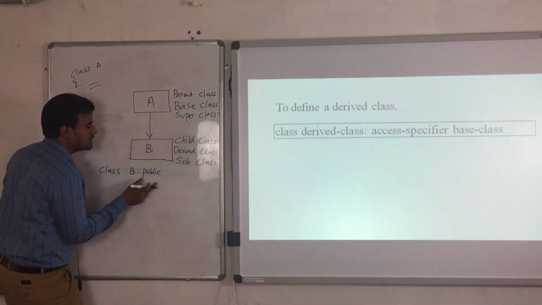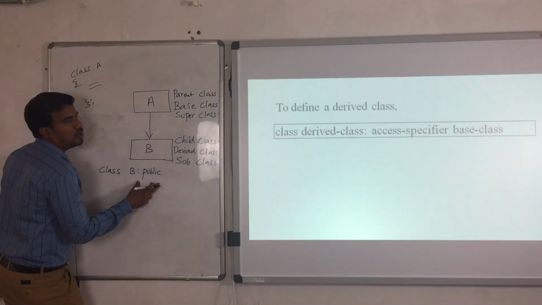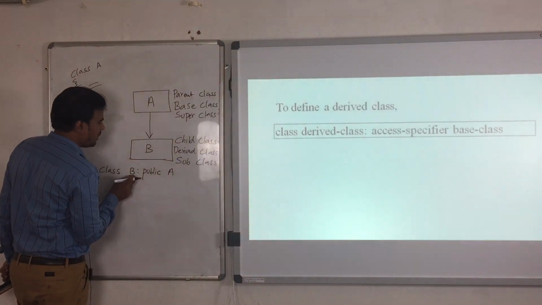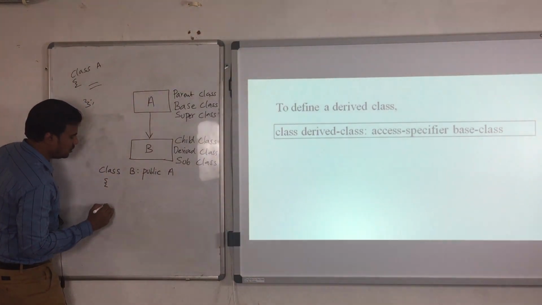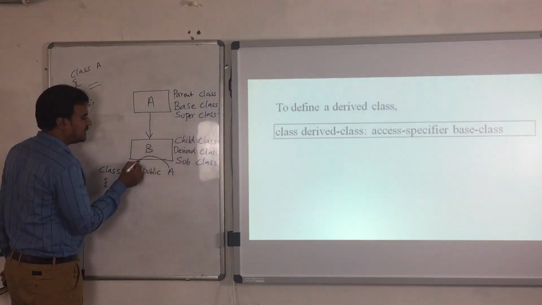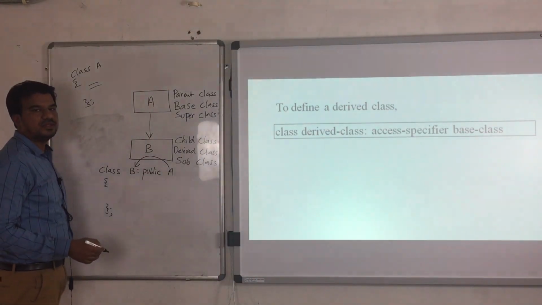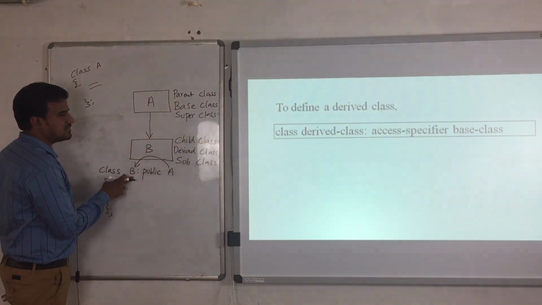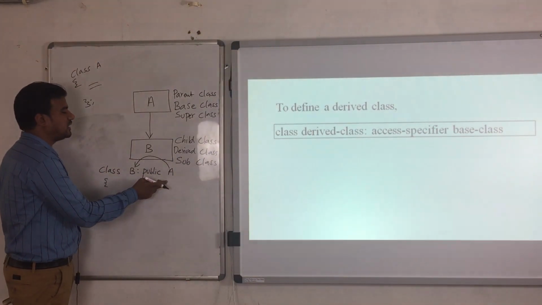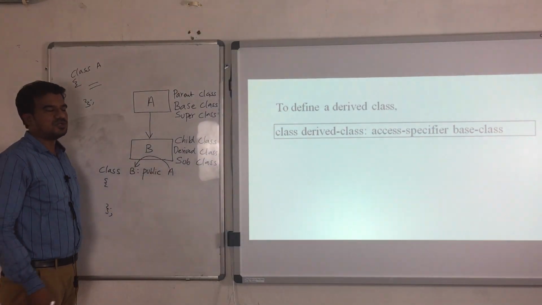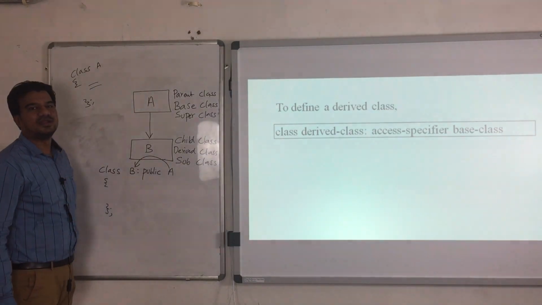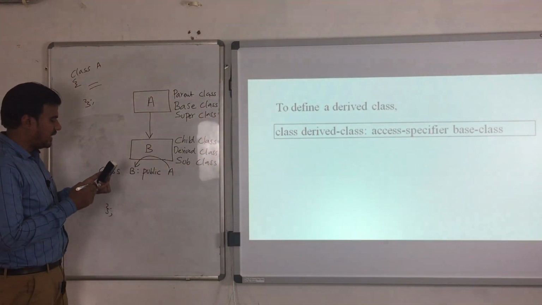So under public mode of inheritance I am deriving A. Right now this B class not only has its own properties, but also is going to acquire the properties from A class. This is the concept of inheritance.